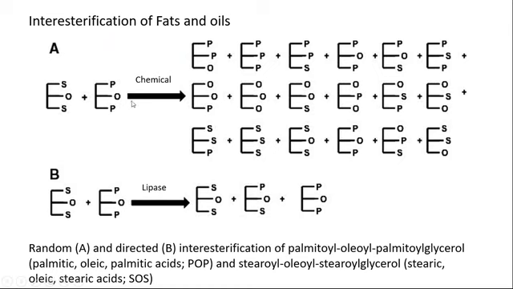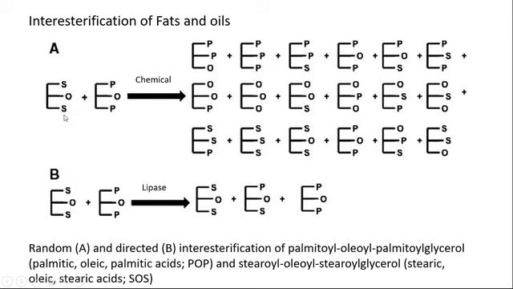So you take two different fats, maybe one could be an oil and one could be a fat, whose fatty acid composition is entirely different. You mix the two, and in the presence of sodium methoxide, if you allow them to react, what you see is these different combinations of the new fats. And all of these are called the interesterified components.